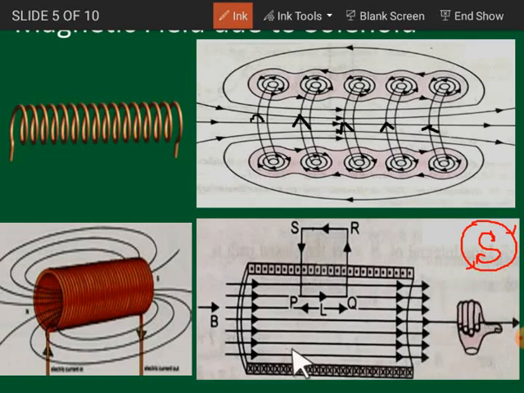So the magnetic field will exist only along the axial line, inside the solenoid, in the direction of the arrowhead given here. So if you take this circular coil as clockwise in direction, then current will be coming out from here and current will be going in.